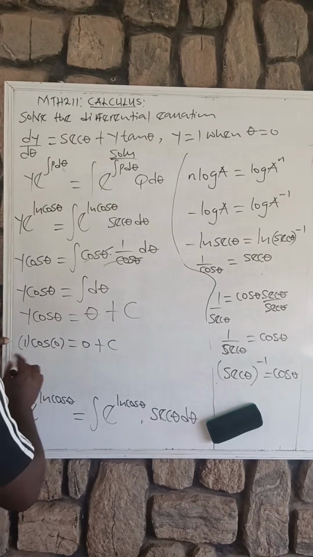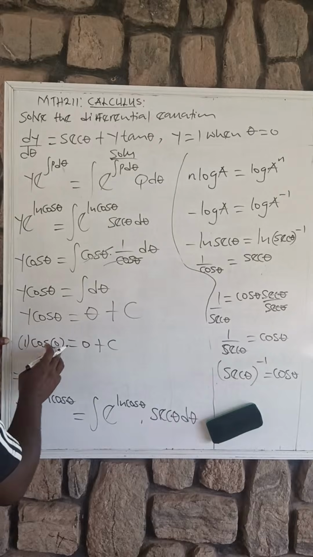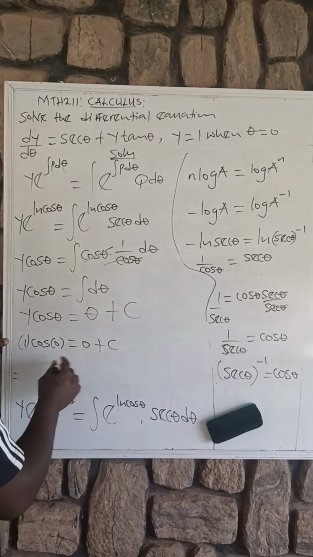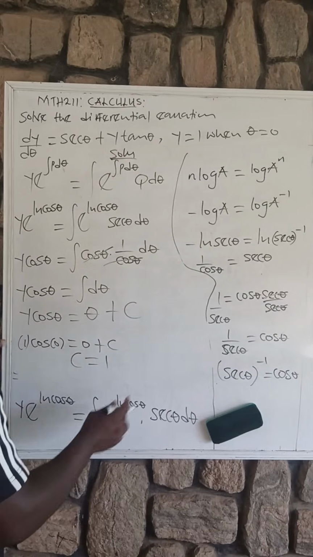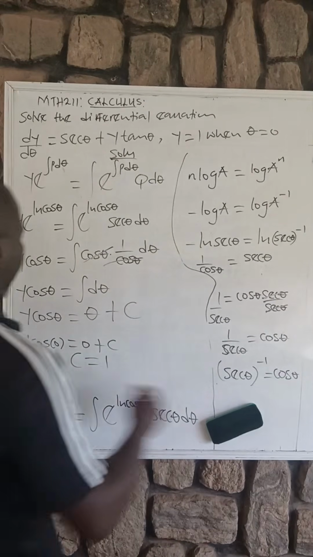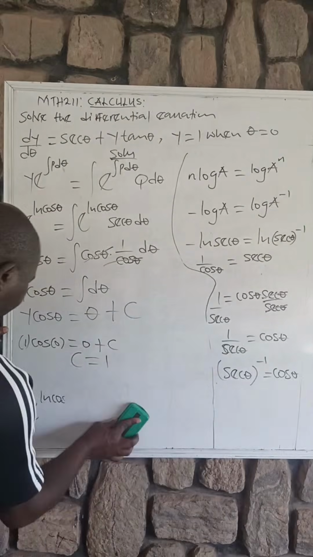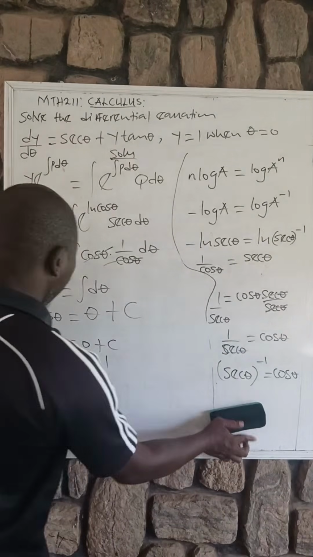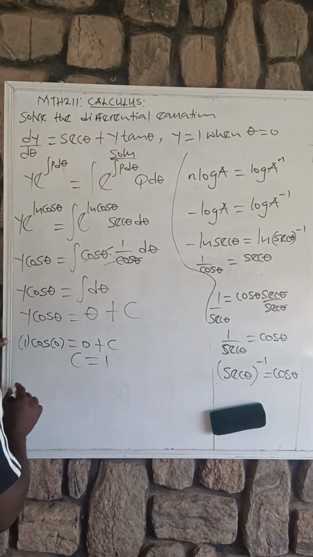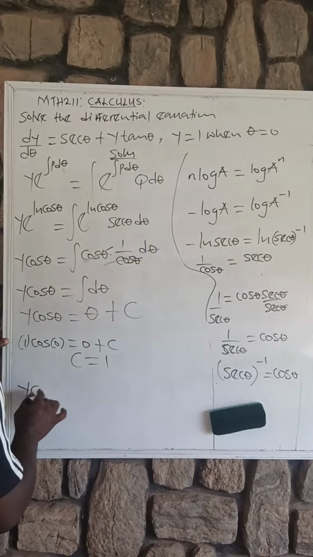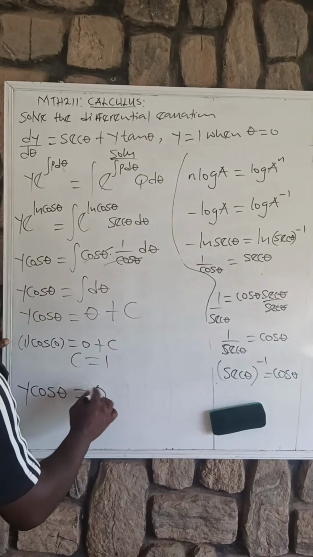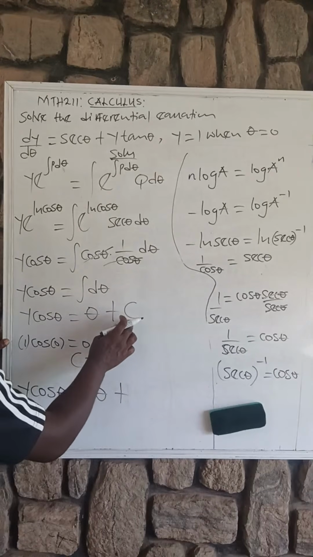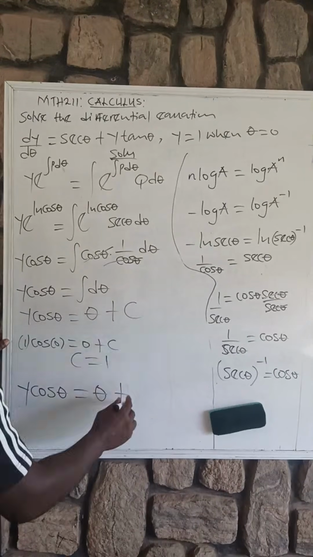So 1 times this, cos 0 is 1. So our c is equal to 1. So the final answer now, the particular solution, is y cos theta equals theta plus c, where the constant is 1.